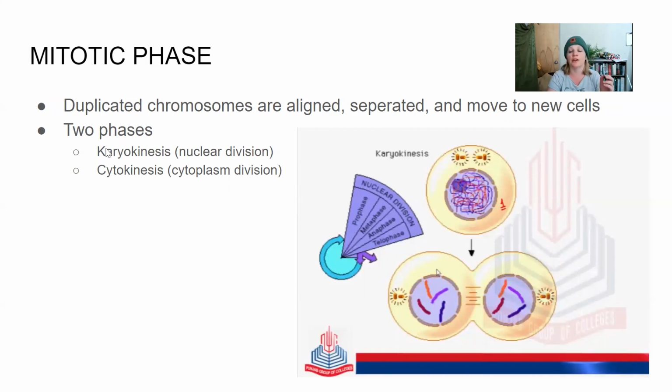Karyo means nucleus, like prokaryote and eukaryote. So karyokinesis is the movement of the nuclear stuff. And then cytokinesis, cyto means cell. We're splitting the cytoplasm into roughly half for each new daughter cell.